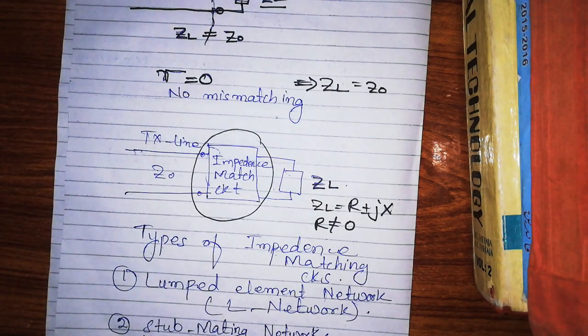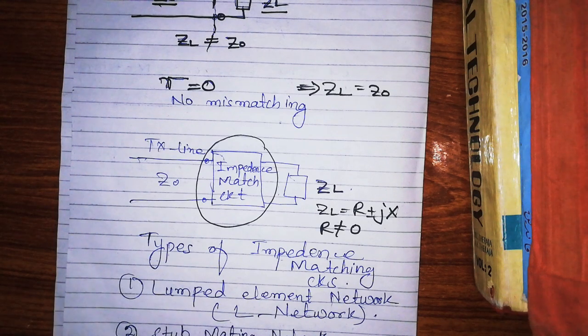So I'm going to tell you about those decisive factors on the basis of which we are going to select our impedance matching circuits, and those decision criteria are complexity of the impedance matching circuit, how complex our matching circuit is. The more complex our matching circuit, the more there will be losses, and so we try to come up with simple designs, simple circuits which can solve our problem.